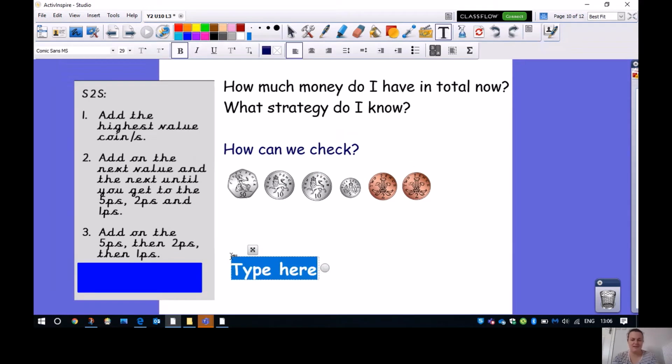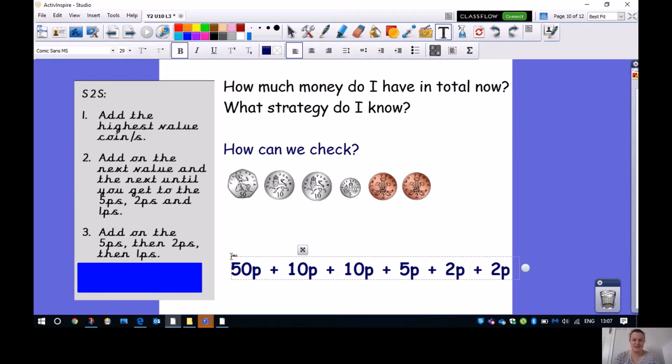So 50p, add 10p, add 10p, add 5p, add 2p, add 2p equals. What a long calculation. Let's work it out.